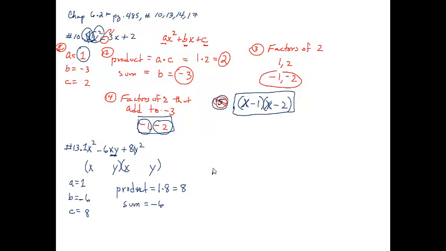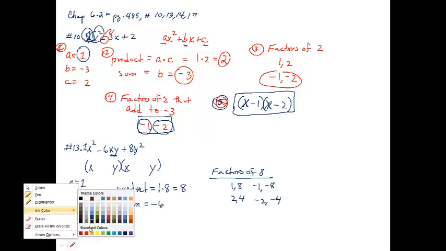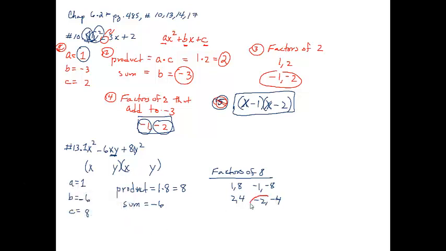So then what are the factors of 8? We got 1 and 8, 2 and 4, negative 1, negative 8, negative 2, negative 4. Out of these factors, which ones sum to negative 6? Negative 2 and negative 4.